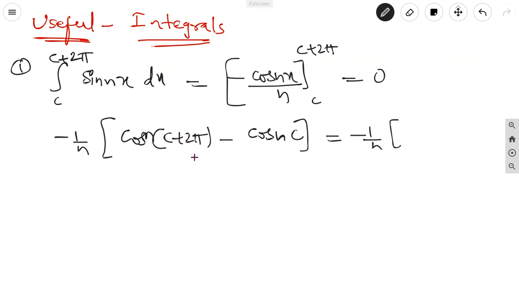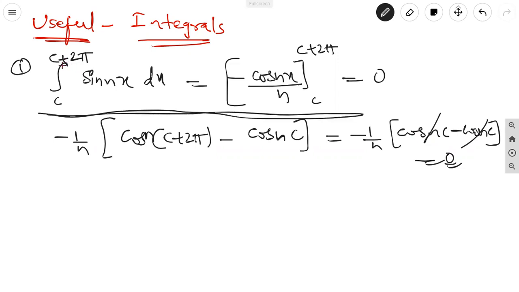The 2n pi is a repeated period, because the periodicity of the cos function is 2 pi. So we get cos nc minus cos nc. These two cancel, so it will be 0. So remember, integral c to c plus 2 pi sin nx dx is equal to 0.